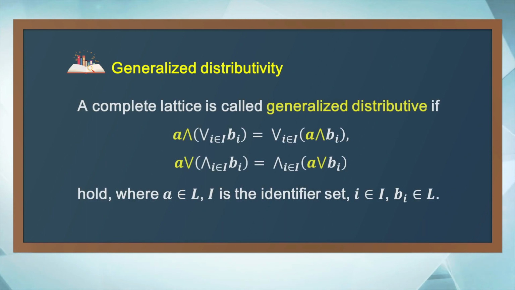Next, infinite distributivity. A complete lattice is called infinite distributive if the distributive laws hold: meet distributes over join, and join distributes over meet. If a lattice obeys the infinite distributive laws, the generalized distributive laws, we say that it has infinite distributivity or generalized distributivity.